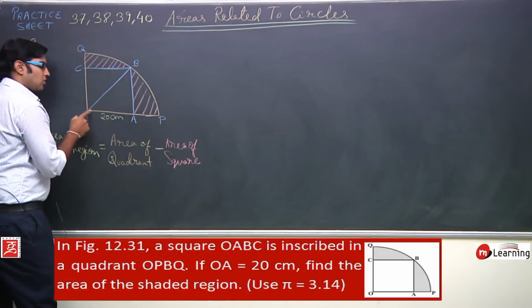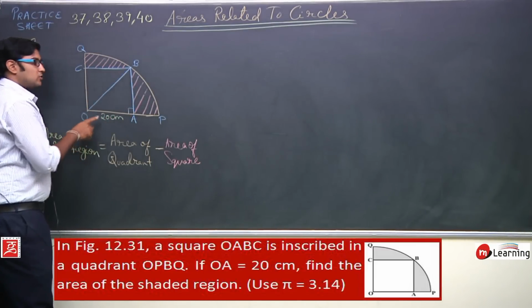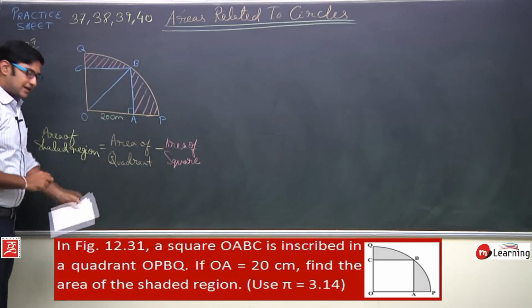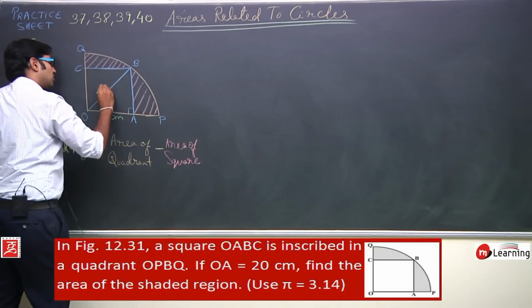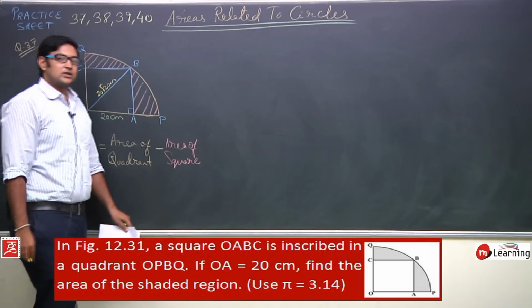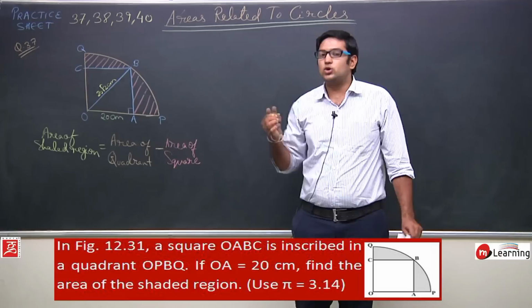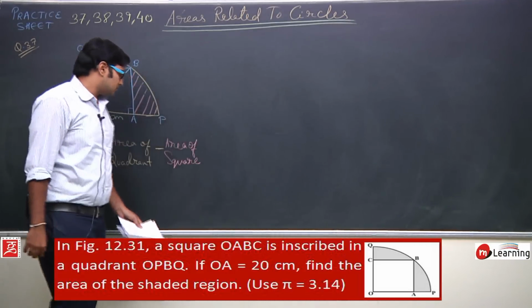In triangle OAB, this angle is 90 degrees. So by the Pythagoras theorem, OB will be 20 root 2 centimeters, because the diagonal of a square with side a is a root 2.